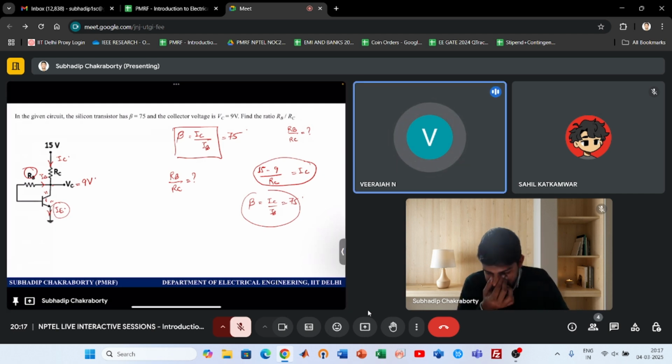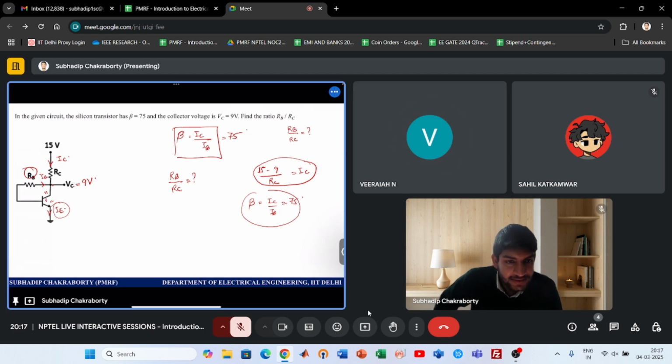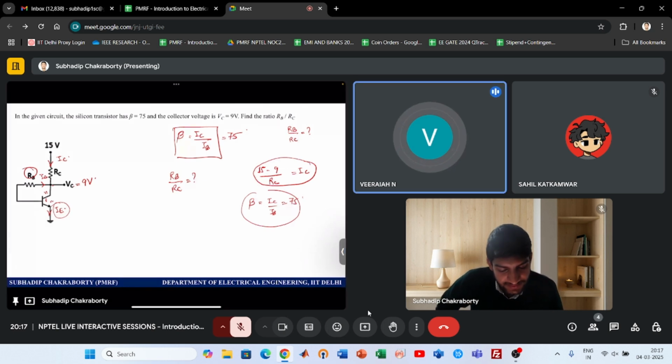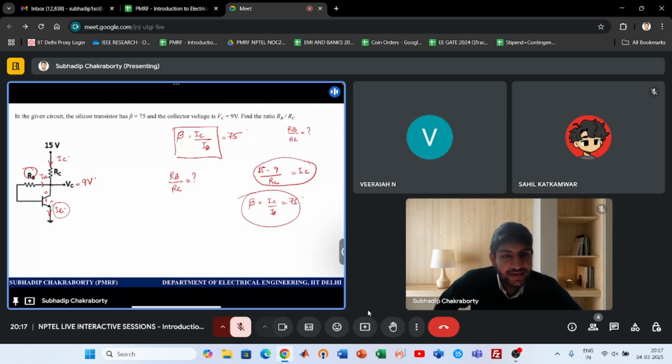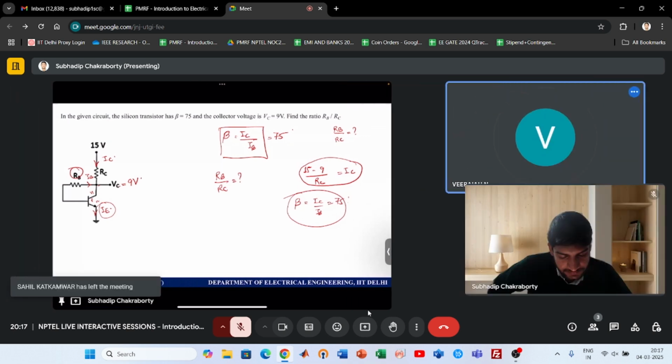Sir, IC equal to 75 into IB. Okay, but how can it help? You need to have another relation, right? Yeah, beta equal to IC by IB equal to 75, sir. Then what will happen? From this equation, IC equal to 75 into IB.